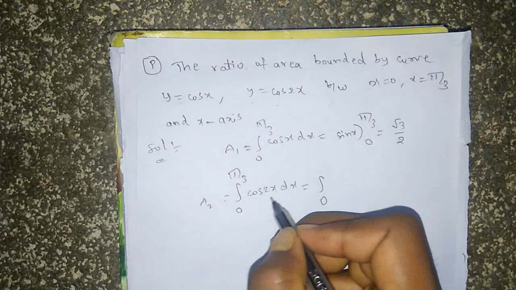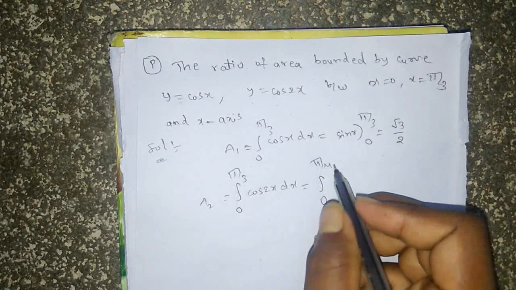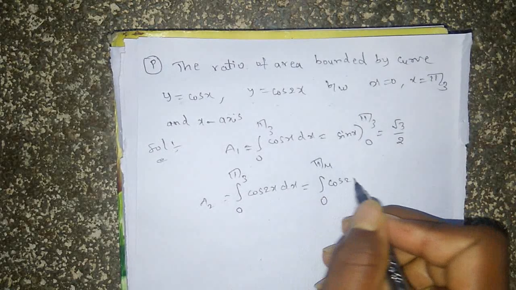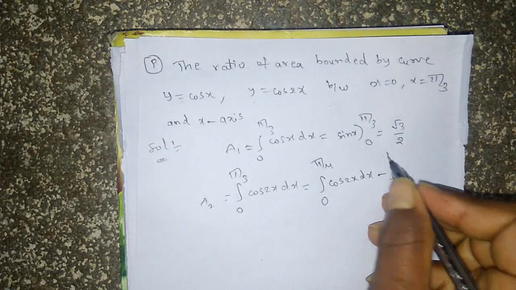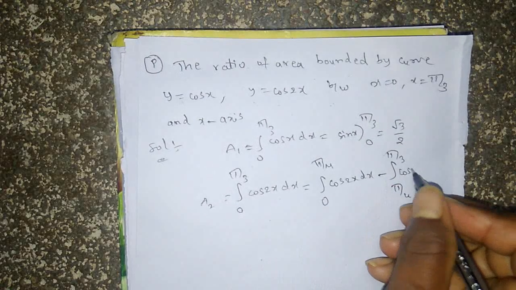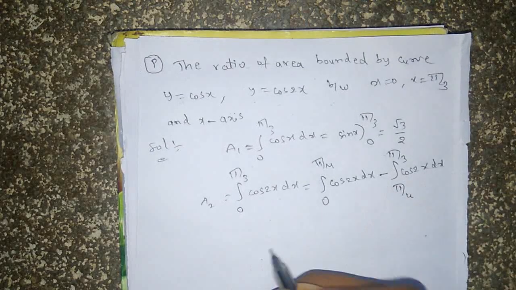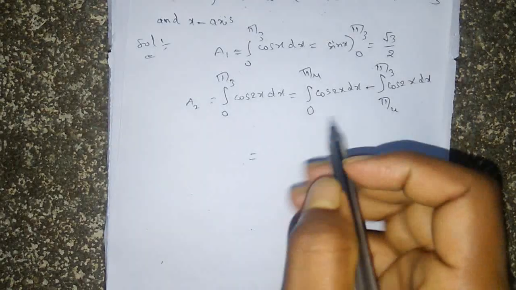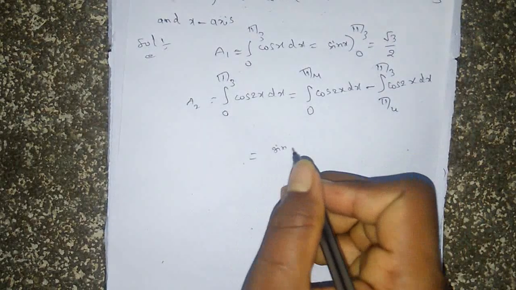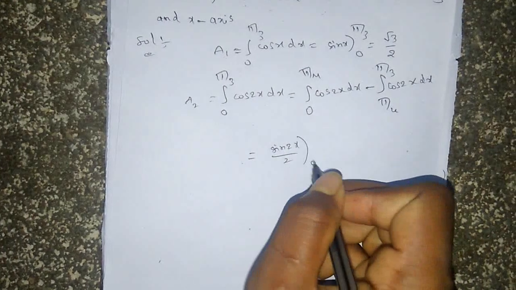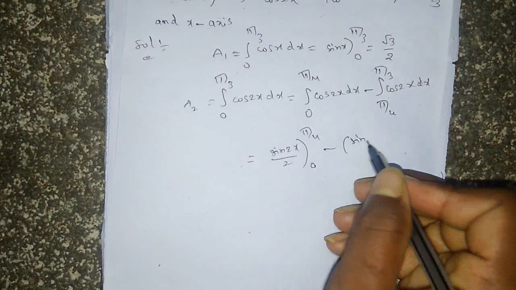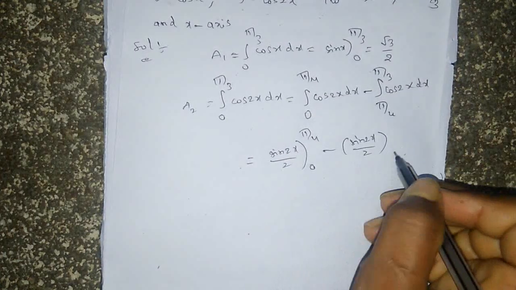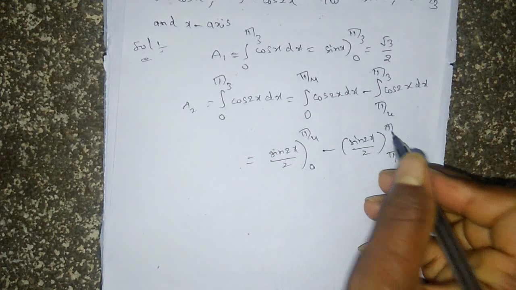So here, between 0 to π/4, cos 2x is positive, and from π/4 to π/3 it is negative. So the integration is sin 2x by 2, with limits 0 to π/4, and here also sin 2x by 2, with limits π/4 to π/3.